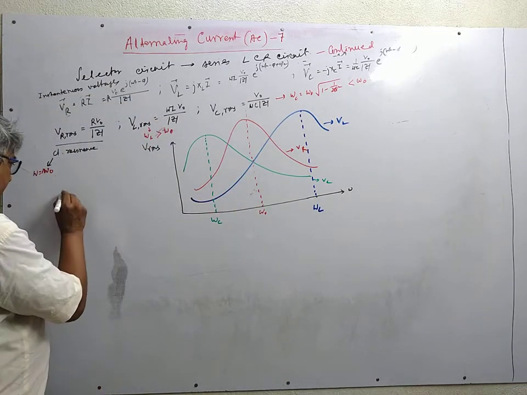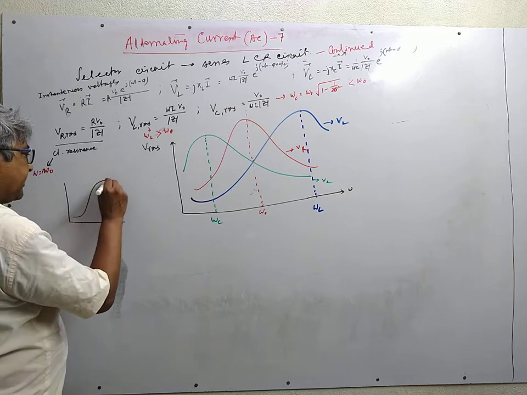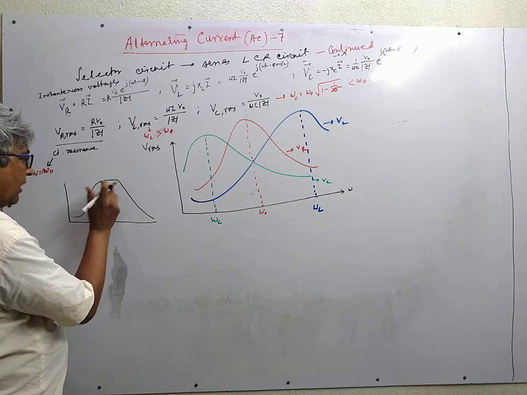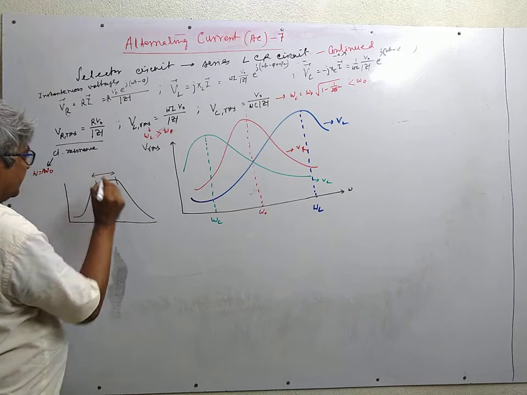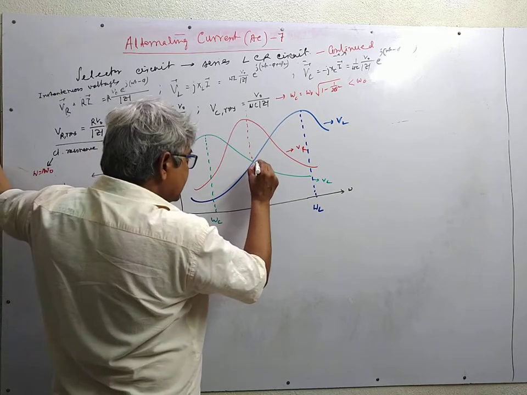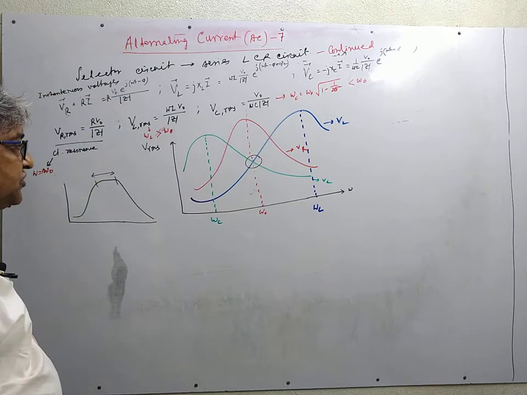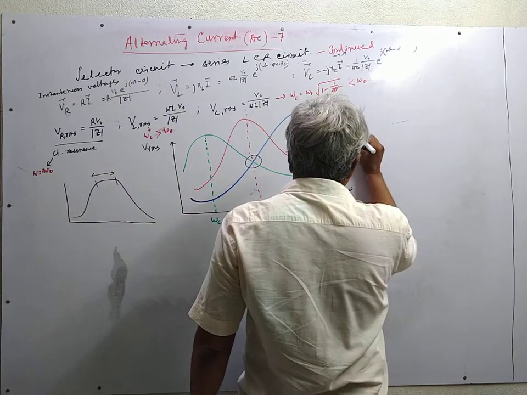Sometimes it is found that for circuits having low Q, the resonance curve becomes a flat one, so that when you measure the VR, there is no appreciable change of VR over a range of frequency. So it becomes very difficult to identify the resonance frequency. In that case, it is the relative magnitude of VL and VC that helps.